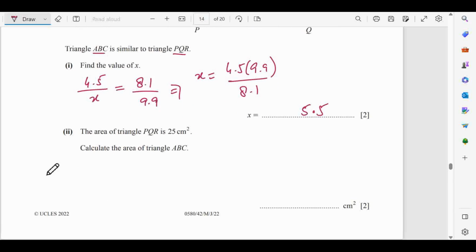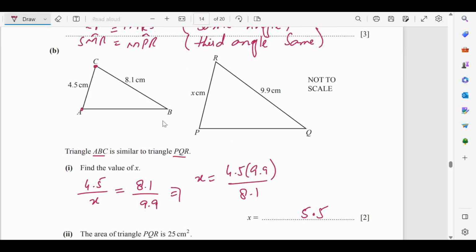We know that when two triangles are similar, the ratio of the area of the first triangle to the area of the second triangle will be equal to the ratio of the squares of any two corresponding sides. Let's consider 9.9. The corresponding side of 9.9 is 8.1.